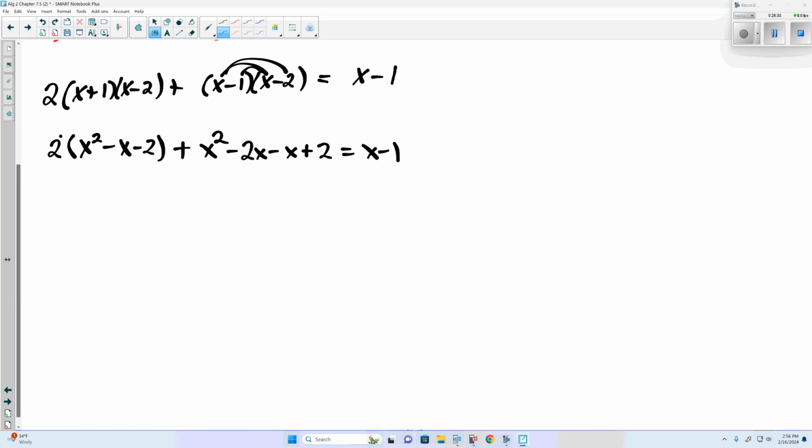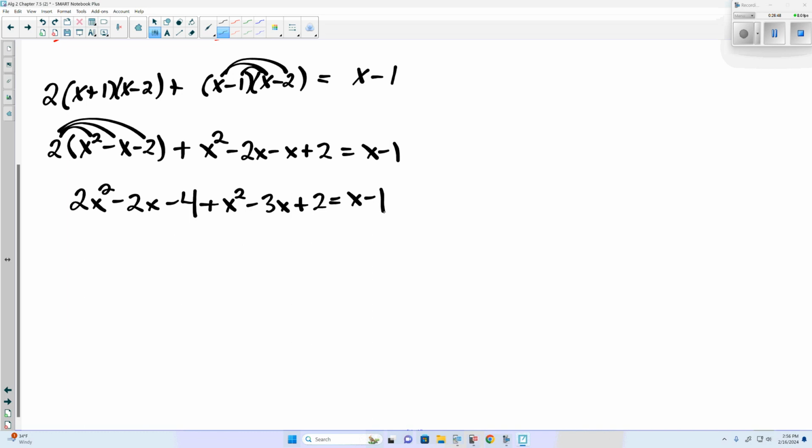Now at this point we can distribute the 2. 2 times x squared is 2x squared. 2 times negative x is negative 2x, and 2 times negative 2 is negative 4. Plus x squared. Our negative 2x and negative x give us negative 3x. Plus 2 is equal to x minus 1.